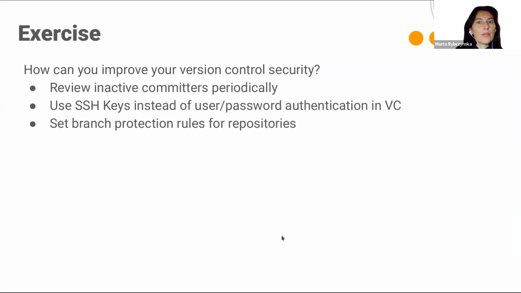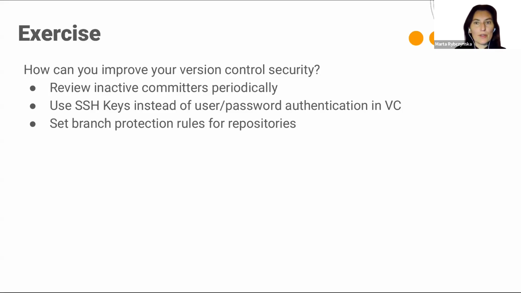Now, we have an exercise for you. How could you improve the version control security of your project? Think about it a little bit. My first question will be, what was the last time your project reviewed the inactive committers? If it has been a long time ago, maybe that's the moment to check.